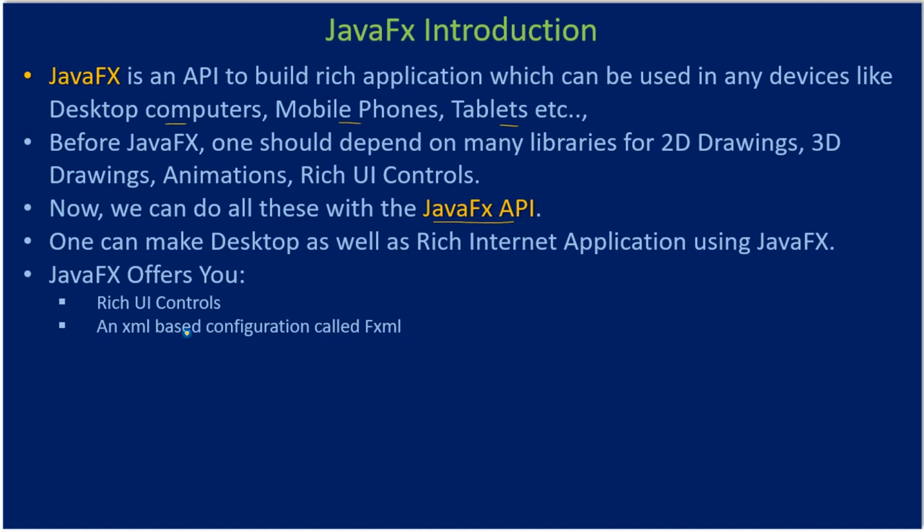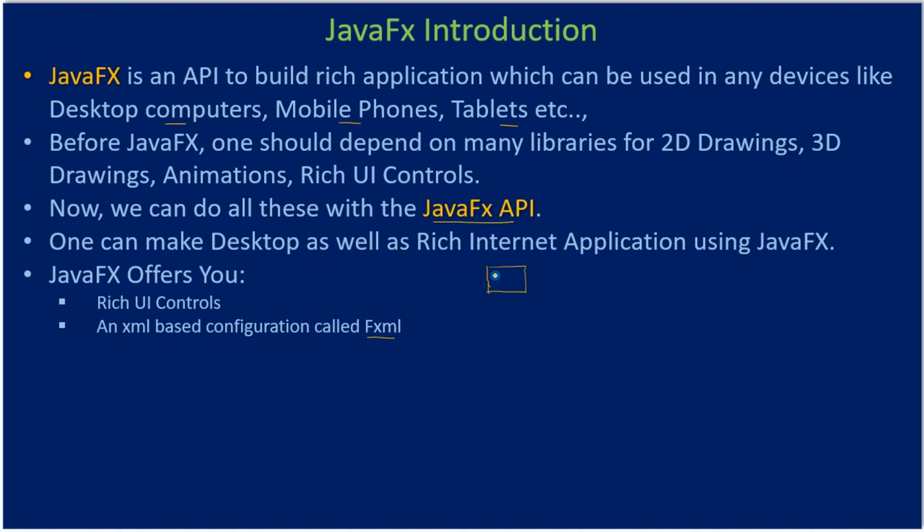JavaFX offers you an XML based configuration called FXML. So it's a configuration file, we can say. The configuration file contains all the required settings. Say for example, if you are developing a UI based application, for simplicity I am not taking 2D or 3D graphics now.